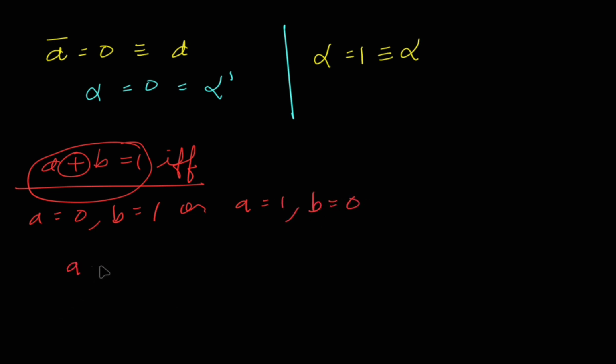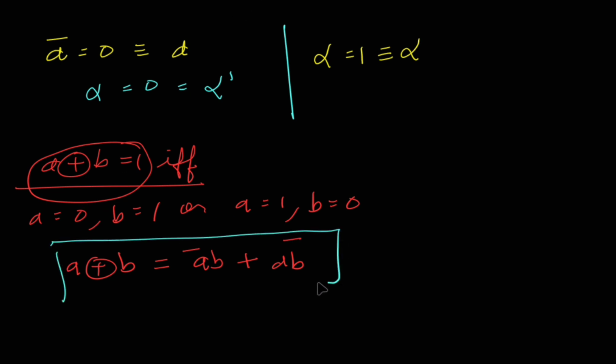Now we can say A exclusive OR B is equal to A bar B or A B bar. Is this very clear?